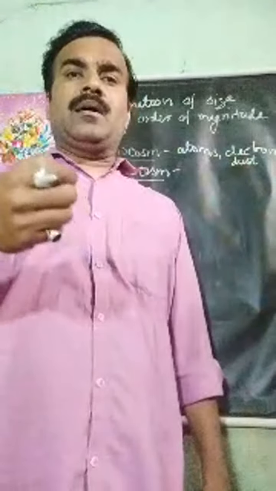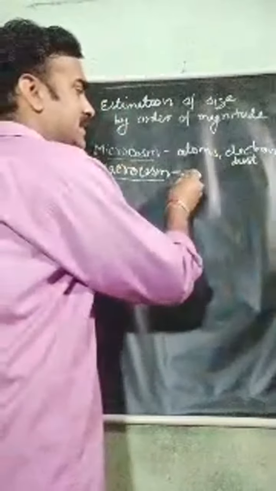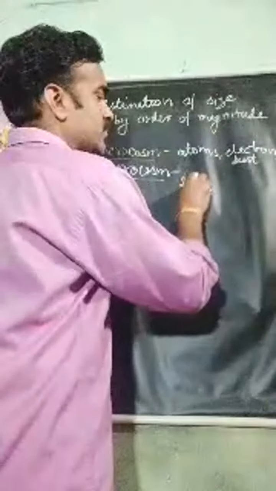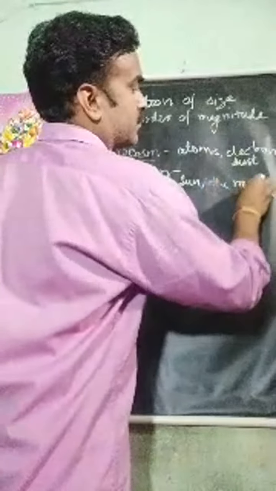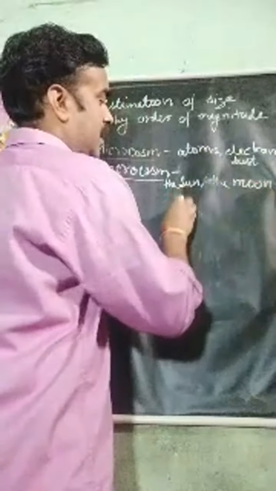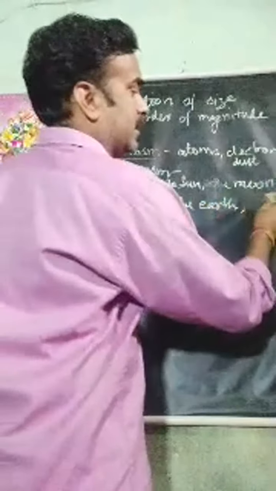We can't imagine how small these objects are. Similarly for the macrocosm, objects bigger than a mountain, for example the sun, the moon, the earth, the planets.